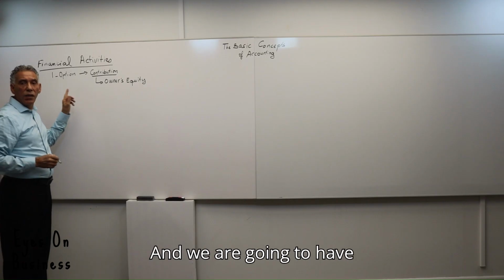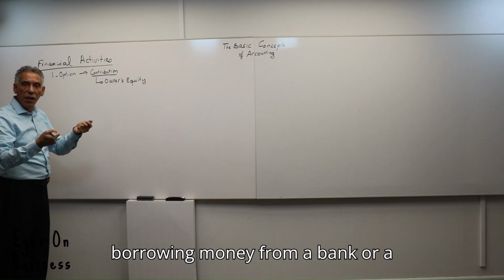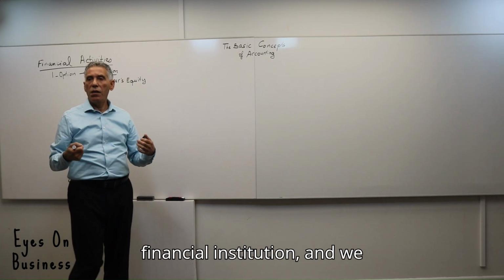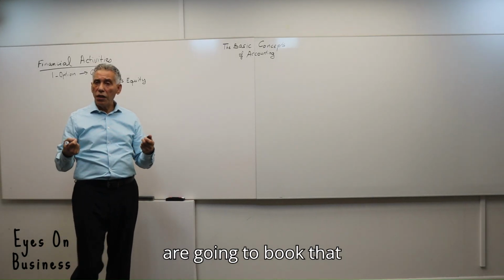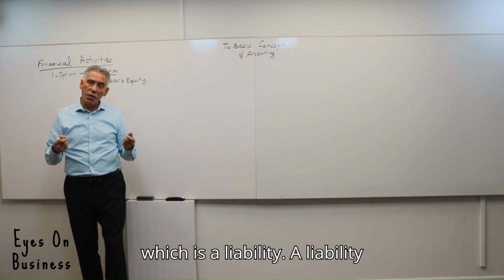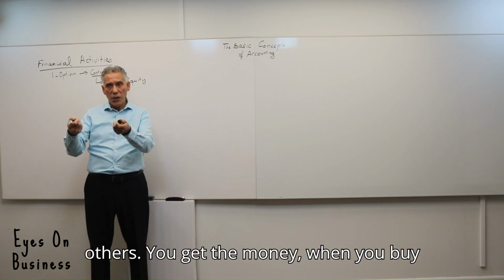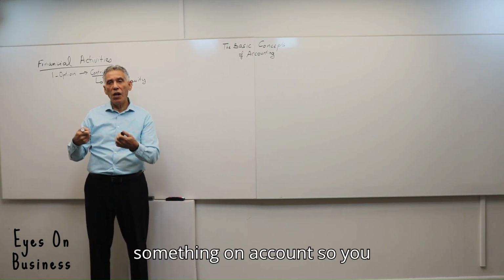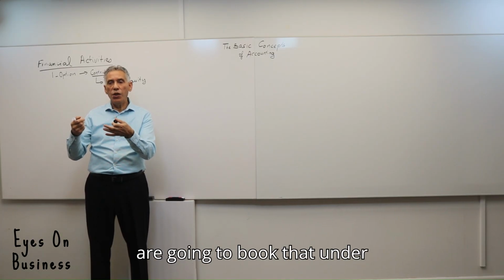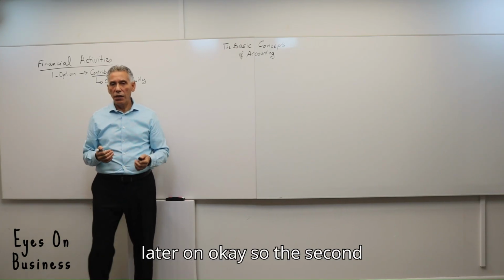And we are going to have the second option, which is borrowing money from a bank or a financial institution, and we are going to book that transaction as a debt, which is a liability. A liability is what you owe to others. You get money when you buy something on account, so you are going to book that under liability that you're going to pay later on. Okay?